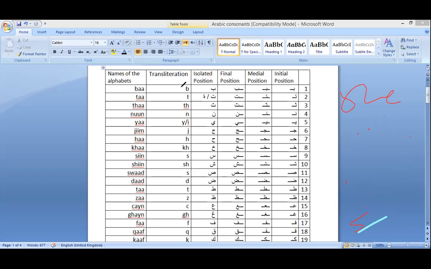They are joined as many as 7 letters. For example, this is just one word in Arabic. Let me write this one. You see, this is 1, 2, 3, 4, 5, 6, 7, 8, 9.